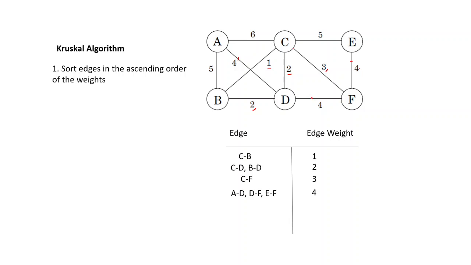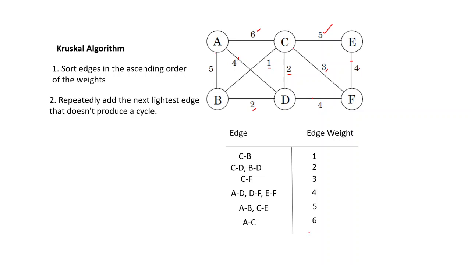So you include that. And then the next higher cost is edge weight 5, and that exists between C and E and also between A and B. So you list that. And the highest cost edge weight, A and C, is added to this list.